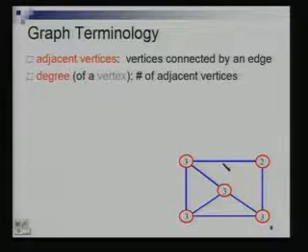Sometimes we say that this edge is incident to these two vertices, right. Should I write down the word?